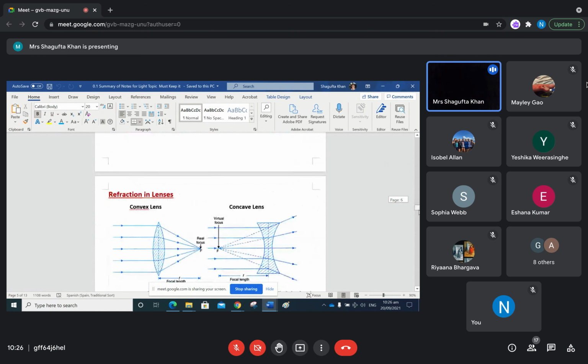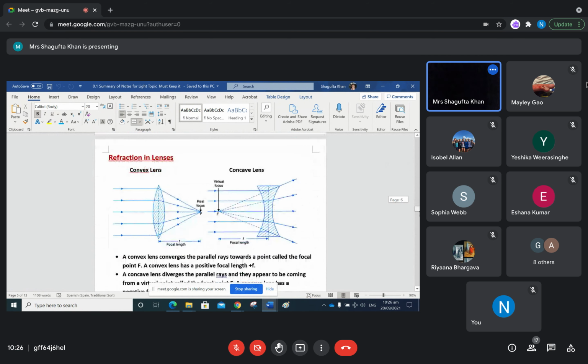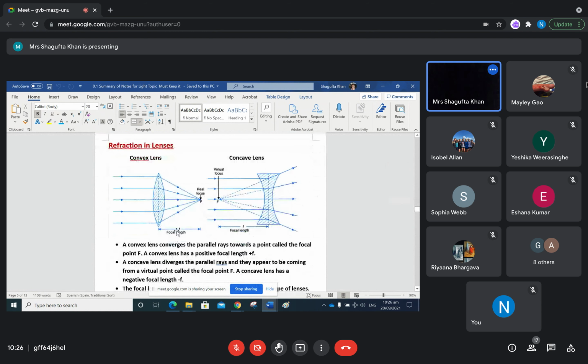And now lenses. Lenses let the light go through, whereas mirrors reflect it backwards. So a convex lens converges the light rays towards the focal point, and for a concave lens, light rays are coming from here, so these are the incident rays, and they go outwards.